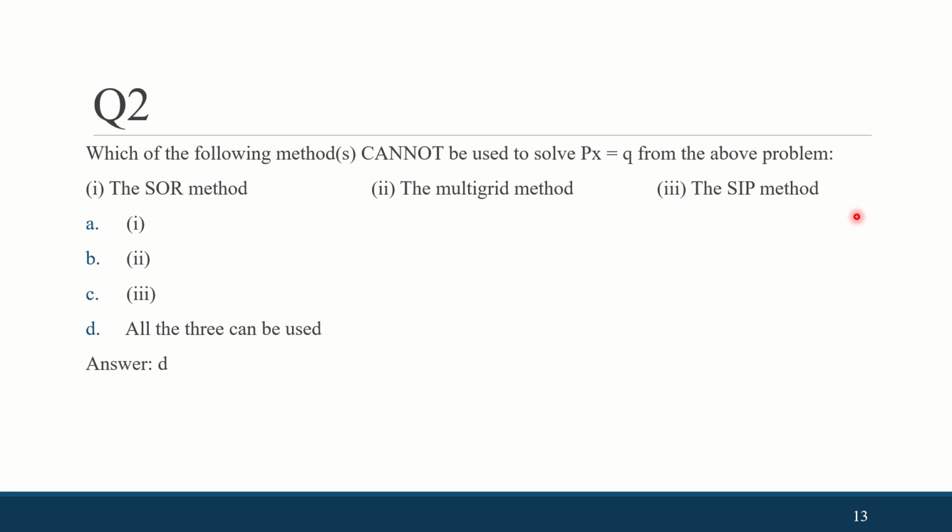So all these methods can be used. The given options 1, 2, 3, all of them are wrong, like they can be used. Since the question is about what cannot be used to solve this problem, answer is option D, that is all the three can be used to solve this Px equals Q format.